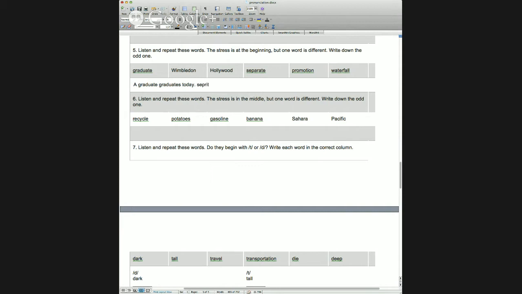And then the adjective is pronounced like this, separate. Okay? So verb, separate. Adjective, separate. Good. Okay, so we really close the syllables together. We kind of mush everything together. All right. Any questions? No. All right.